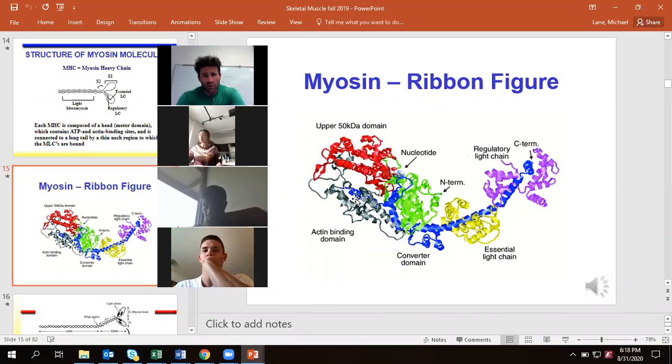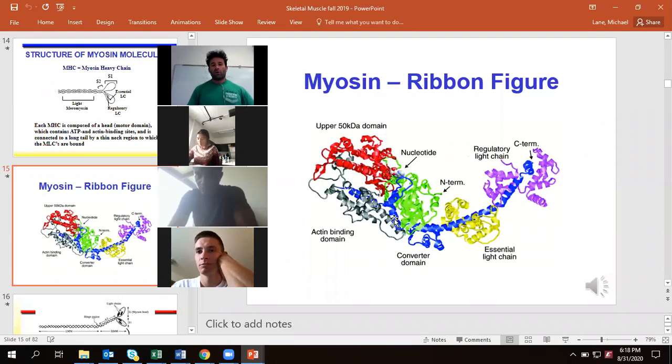Anytime you see these squiggly lines, that's what's known as alpha helices. Anytime you see an arrow going one direction and then the other, those are what's known as parallel and anti-parallel sheets. And every time you just see a thin line with no reason behind it, that's what they call a loop. And you can literally see myosin is a really, really big protein that's folded in on itself.